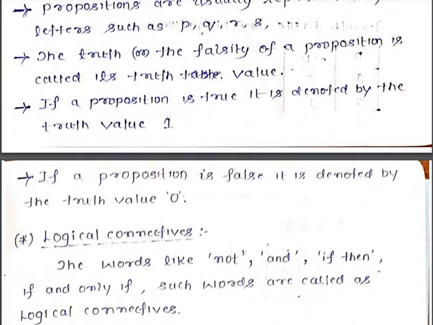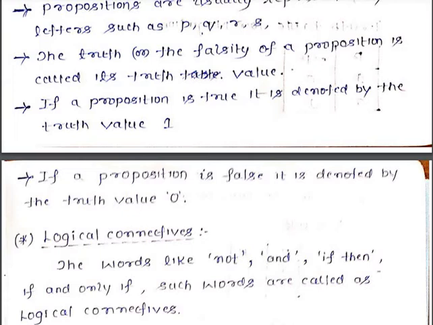Logical connectives. So we know that we have a statement and that statement is called a proposition, right? Every time we cannot have only a simple proposition. In case I have to combine more propositions, in such cases we will use logical connectives.